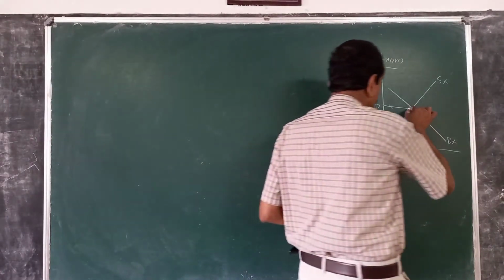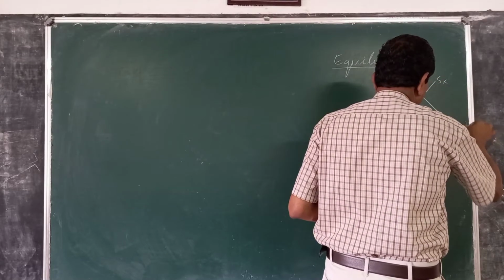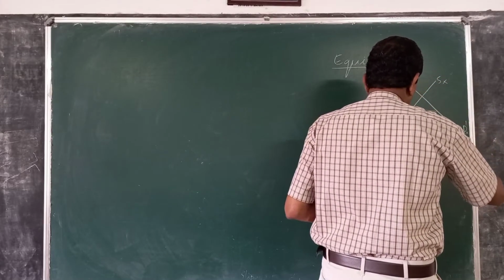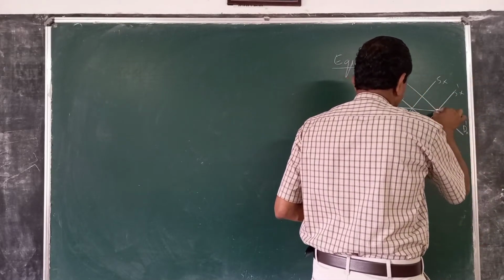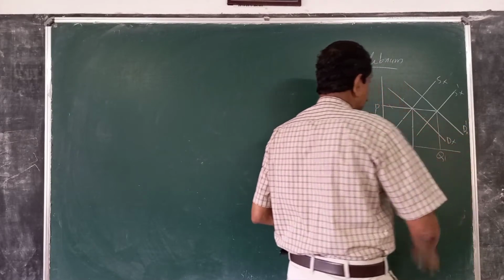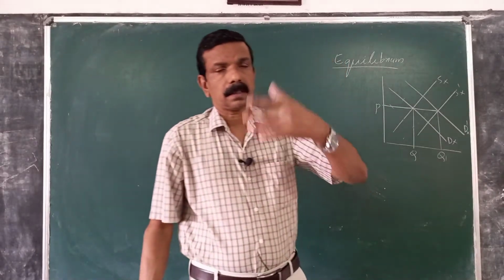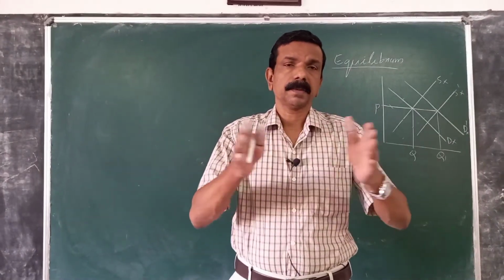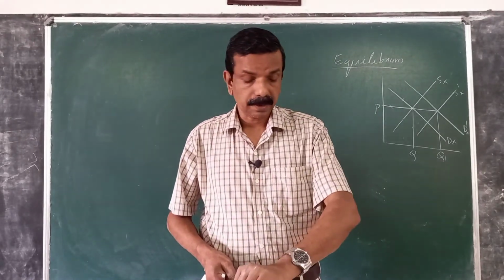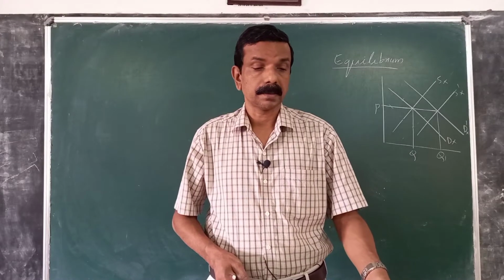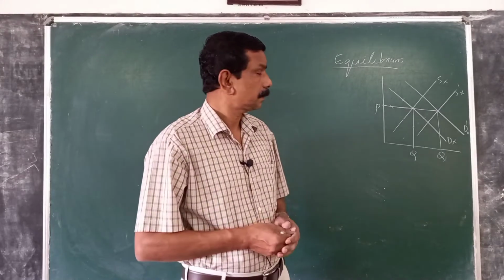For example, suppose the demand curve shifts to D'x and the supply curve shifts to S'x. You can see that there is an increase in quantity, but price remains constant. This is only one possibility. There are many possibilities, and you can experiment with these. So equilibrium occurs when quantity supplied is equal to quantity demanded.